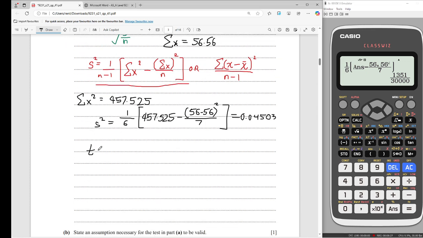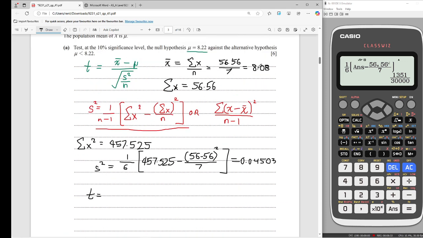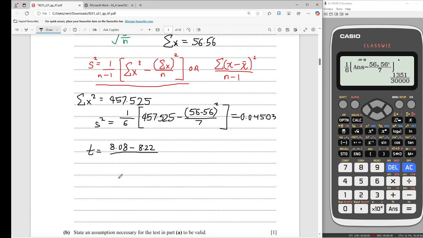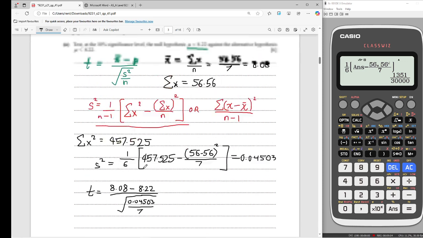So T is equal to, now we need to write the sample mean, which is 8.08, minus the stated mean, which is mu, which is 8.22, this is whole divided by the root of S2, which is 0.04503, divided by the number of terms, which is 7.